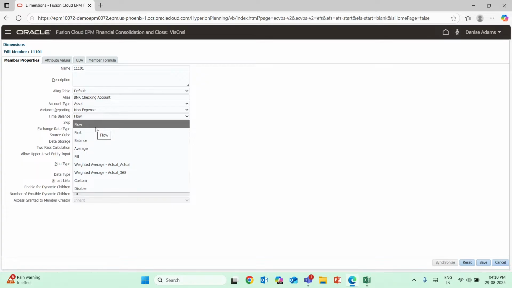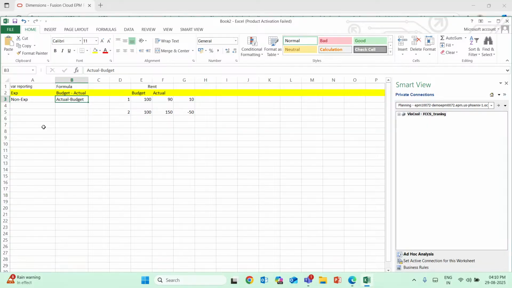So time balance determines how data is aggregated across the time period, such as from months to quarters or from quarters to years. So we have data for months, for Jan, Feb and March.